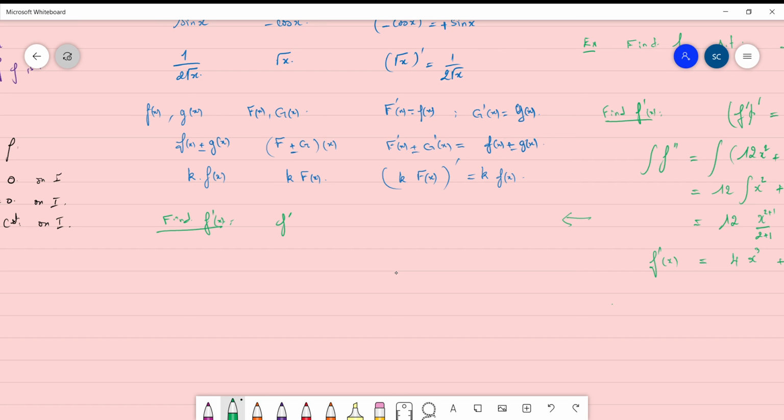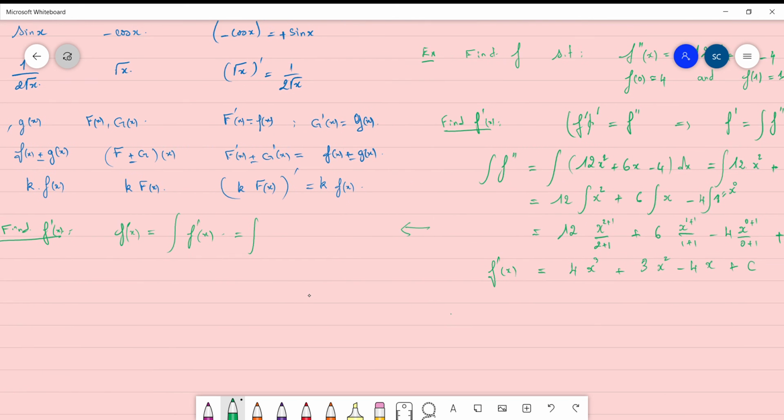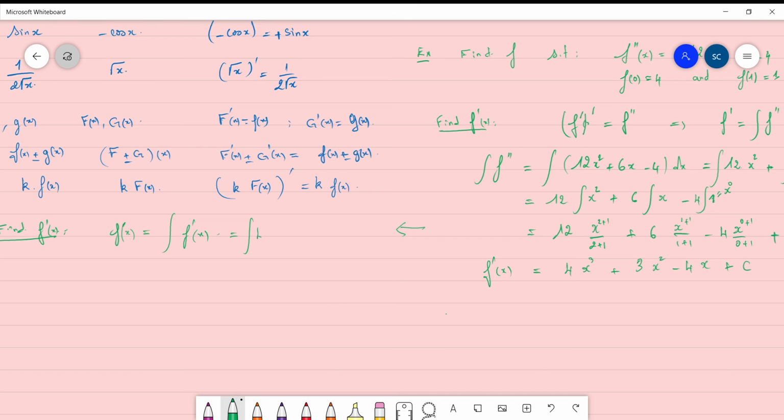So f(x) is an antiderivative of f'(x). So that means I can say it's an antiderivative of 4x^3 + 3x^2 - 4x + C.